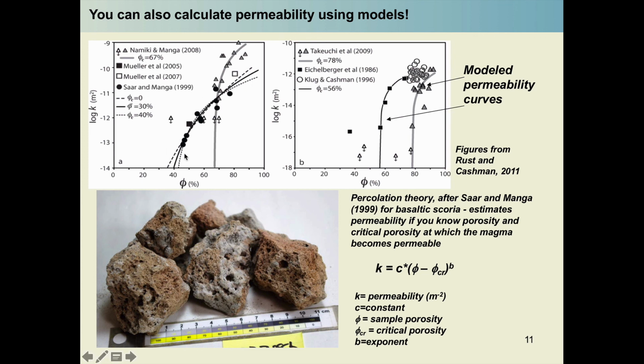So you see these curves here from percolation theory fit through those solid circle scoria data very nicely. So you're going to use percolation theory in this lab after you've estimated porosity of a bunch of volcanic rock samples to calculate their permeabilities and then figure out what the permeability of the magma was when those samples were just before they fragmented during the explosive eruption.